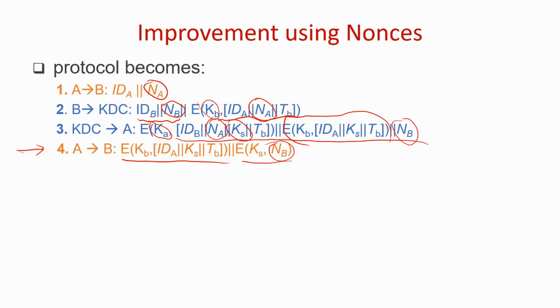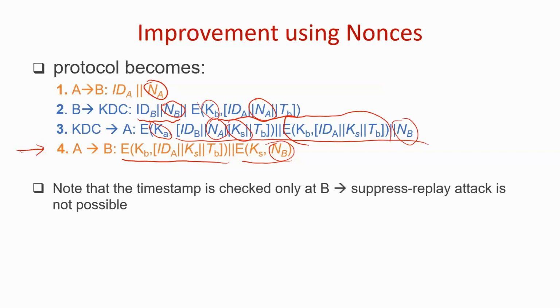B generates the timestamp in step 2, and B will be the one responsible for validating that this ticket has not expired. Okay, so suppress replay attacks in this case are not possible because there is no requirement that the clocks are actually synchronized. If the clock drifts, then still it is only B that is checking the clock, and so there is no problem there.